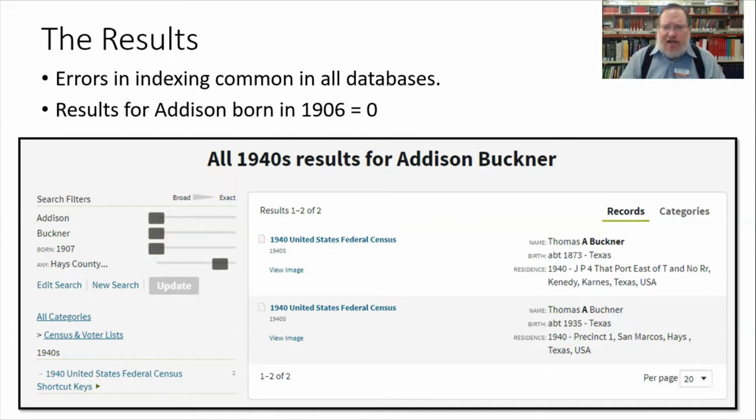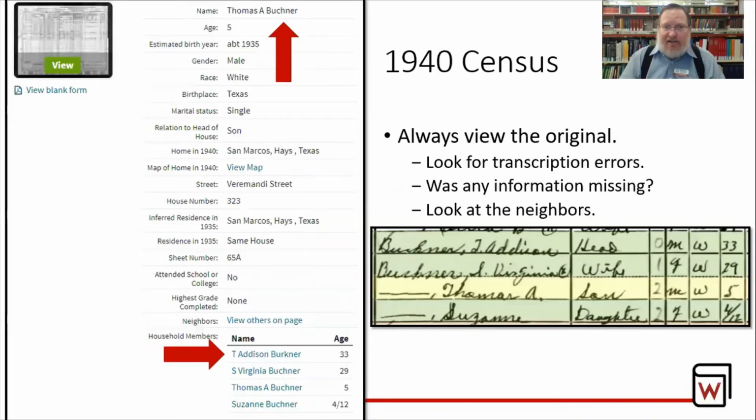Looking at these 2 records, there's one there that's Thomas A. Buchner, B-U-C-H-N-E-R, born 1935. That sounded like my father, and it looked like my father's record. So I clicked on that record, and there was his name. Then when I look down at who lived in the household, I see a T. Addison Berkner, another misspelling.